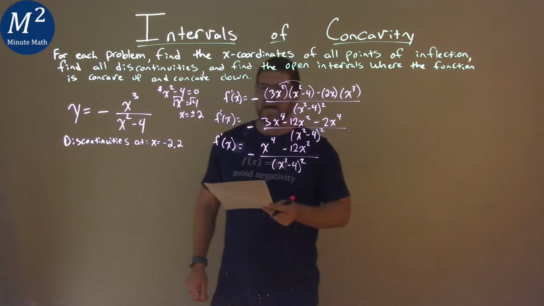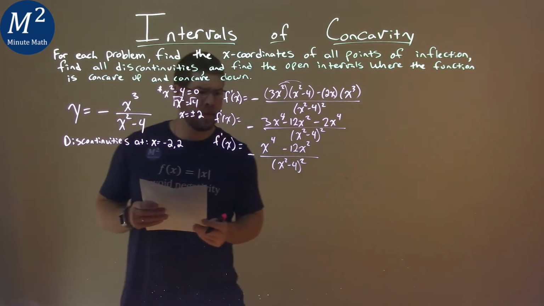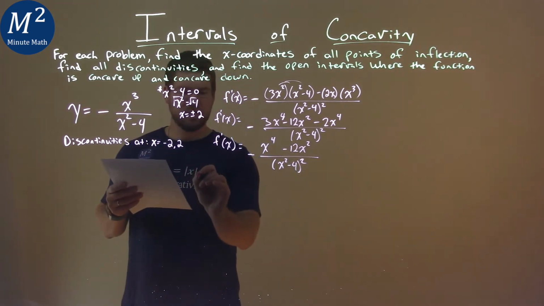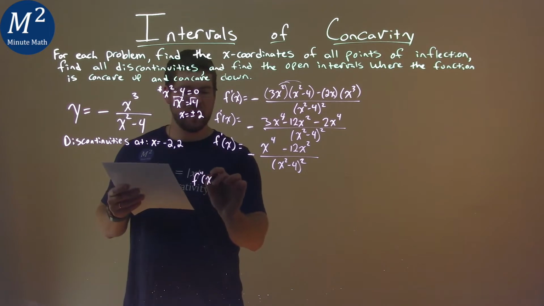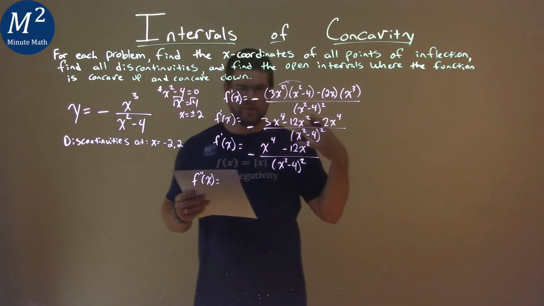Here's where we're going to do the second derivative, and it gets kind of crazy. Again, we're using the quotient rule. Let's do f double prime of x, and let's take our time here. Follow the same process, you'll get it.